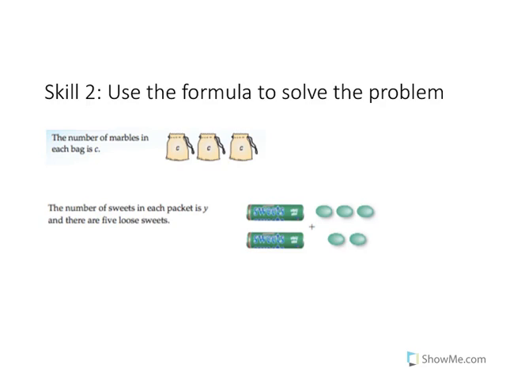So in the previous slide, we said that the formula for the total of these sacks was 3C to get the total. So, for example, if we knew that C was equal to 3, then we can apply this formula.